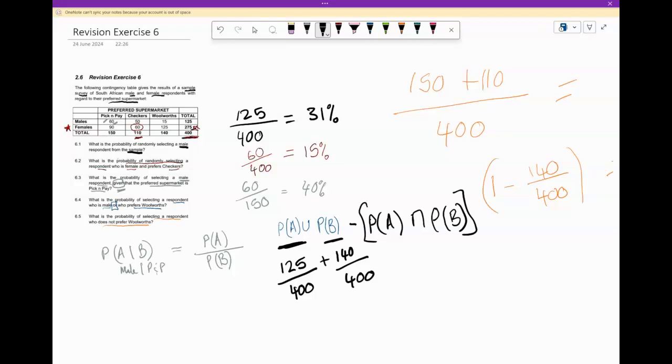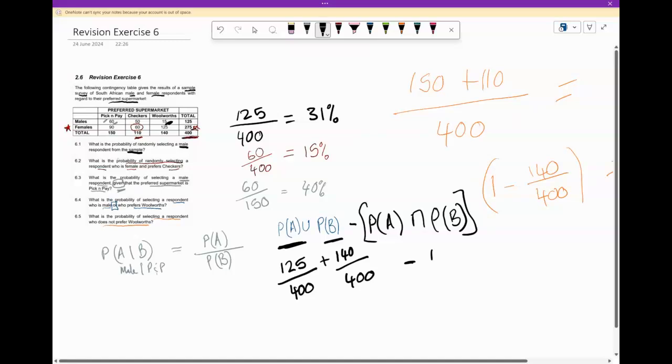We are saying here the person is male and also prefers Woolies. So there's a potential of duplicating 15 respondents in our answer. So we then have to minus 15 over 400.